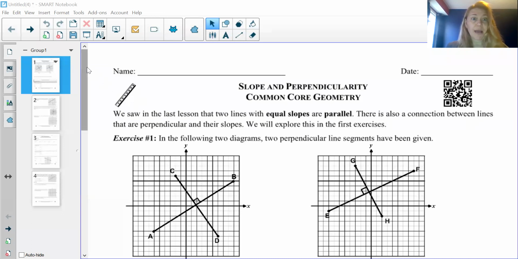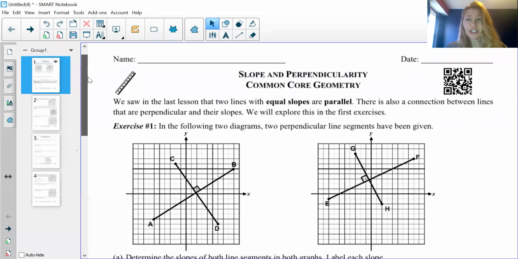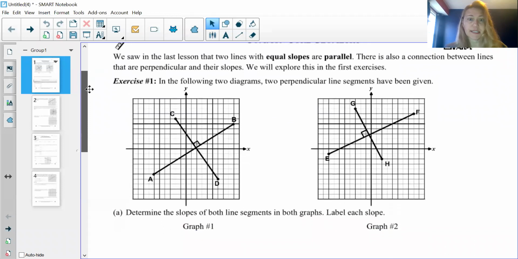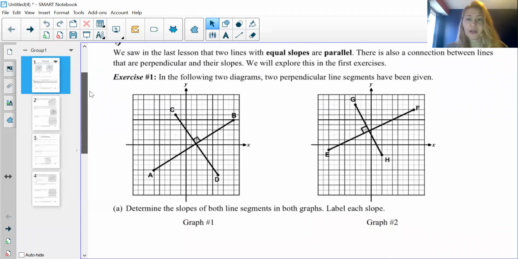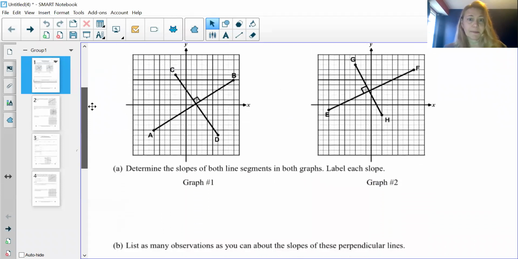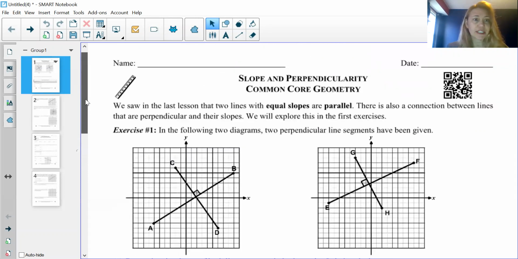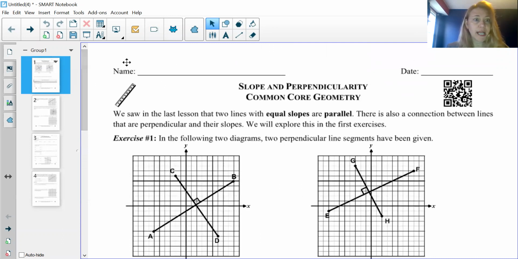And he does a better job in the geometry, I think, trying to get students to draw their own conclusions. That's what he's trying to do here with these perpendicular lines. And he's saying, here are 2 perpendicular lines, find the slopes by counting the boxes and list as many observations as you can. I would actually do a little bit more in the way of reasoning.